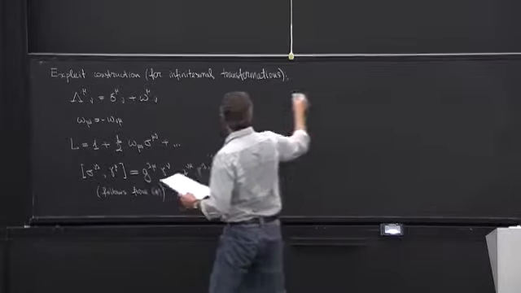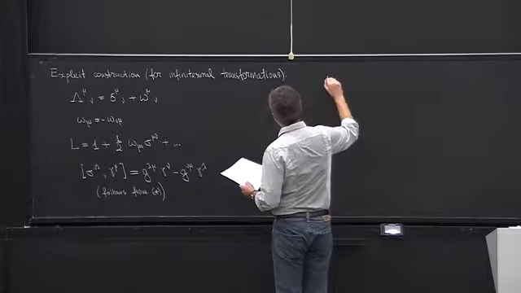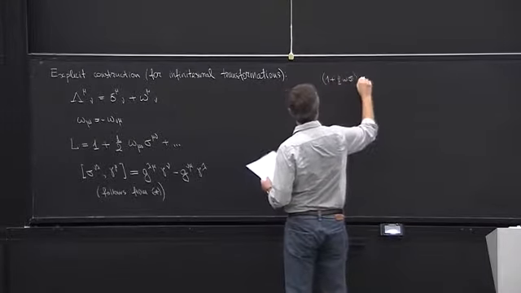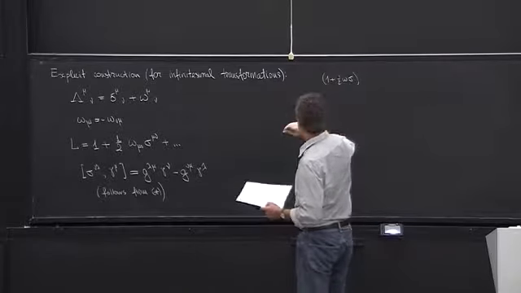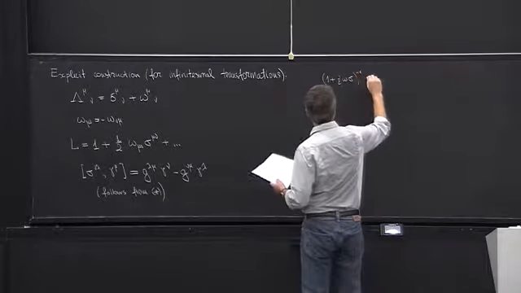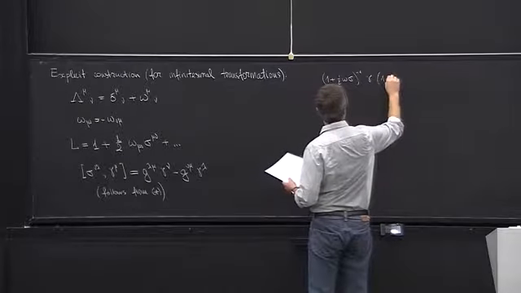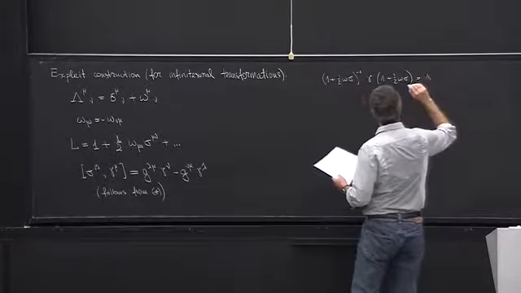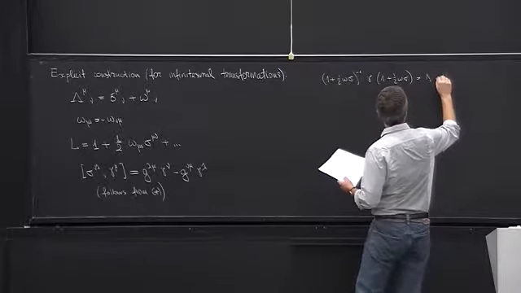So what we get is an equation of this form. So 1 plus, let me write it symbolically, sigma. So this is minus 1. Gamma 1 plus 1/2 omega sigma equals lambda gamma.